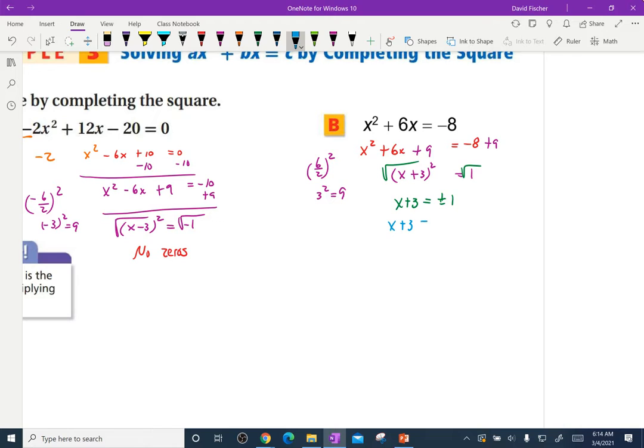X plus 3 equals a positive 1. X plus 3 equals a negative 1. Let's continue solving. So there's my 2.